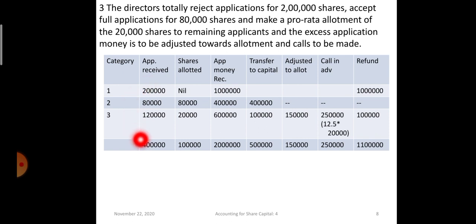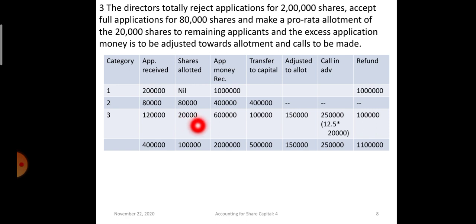Now see, the total application received is for 4 lakh shares. Case 1 is 2 lakh, case 2 is 80,000. So the balance left is 1,20,000 applications, and the number of shares allotted in total is 1 lakh. 80,000 is already allotted, so the balance left is 20,000 shares. So to the applicants of 1,20,000 shares, we are allotting only 20,000 shares. Now, this is a tricky calculation.